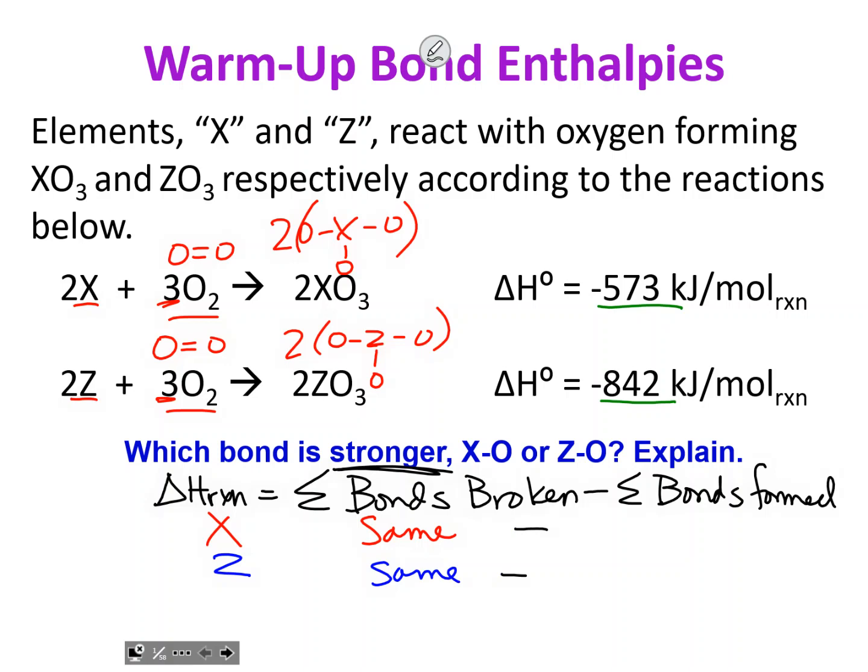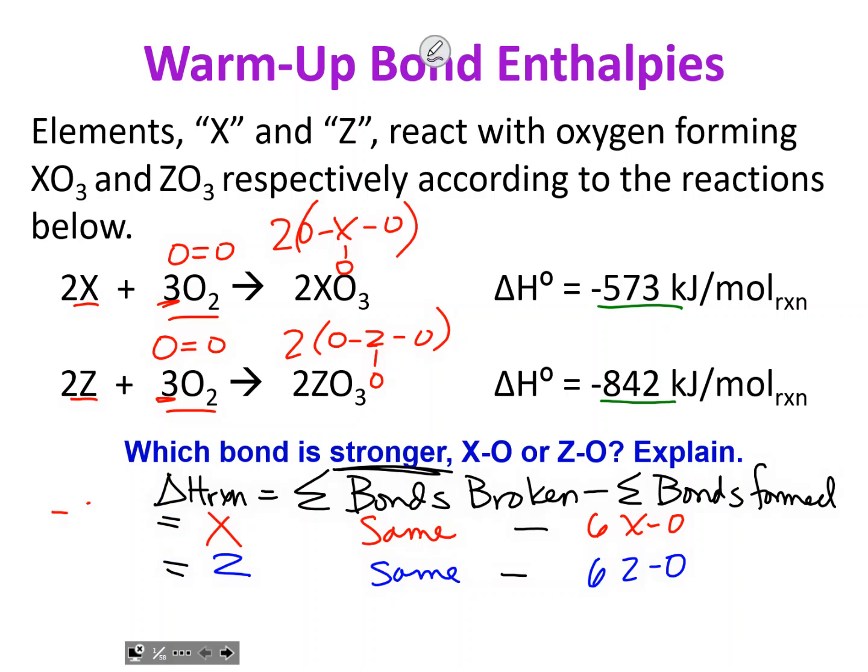And subtracting the bonds formed here, we are getting basically what? 6 X to O bonds over here, and 6 Z to O bonds over here. The significance here, though, is looking at the delta H's.